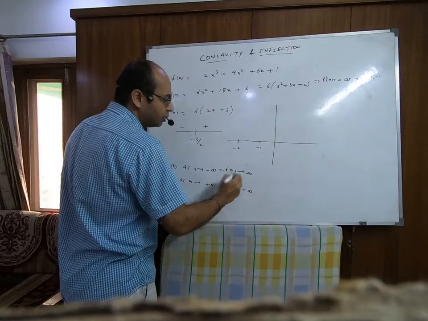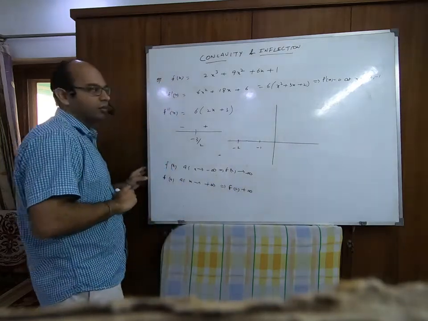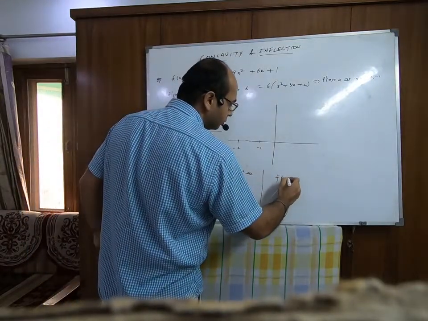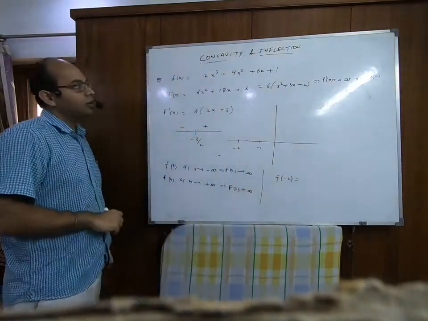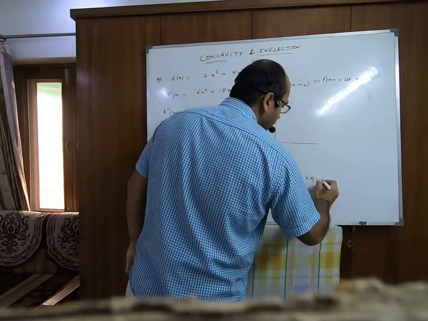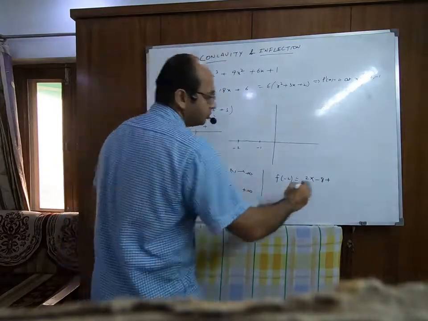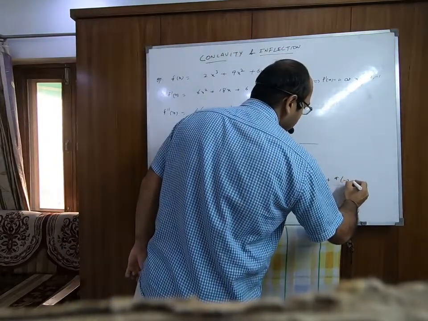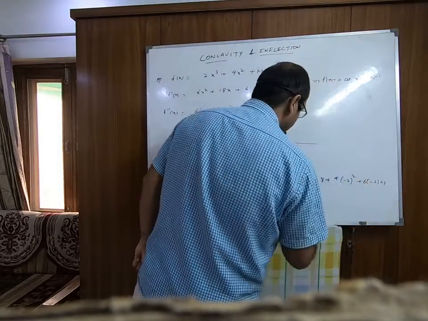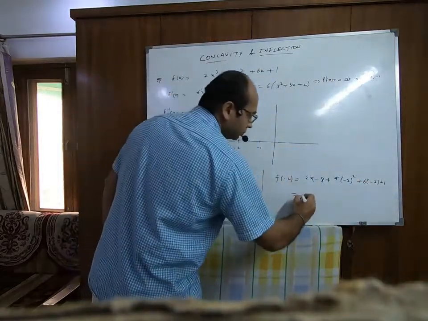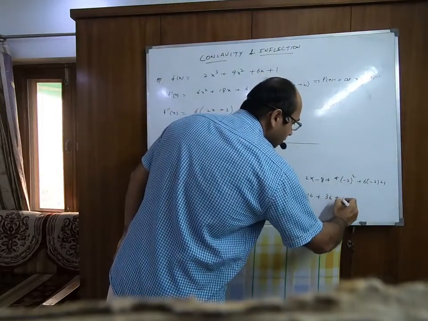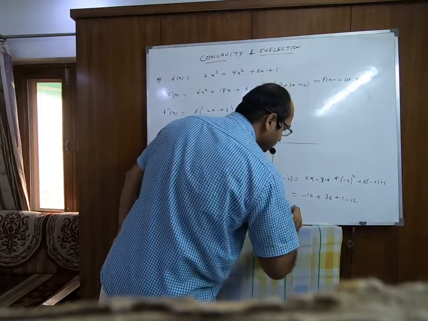So we'll start from here. Now f of minus 2, if I have to find f of minus 2, I can see f of minus 2 will be 2 into minus 8 plus 9 into minus 2 square plus 6 into minus 2 plus 1, that is minus 16 plus 36 plus 1 minus 12.